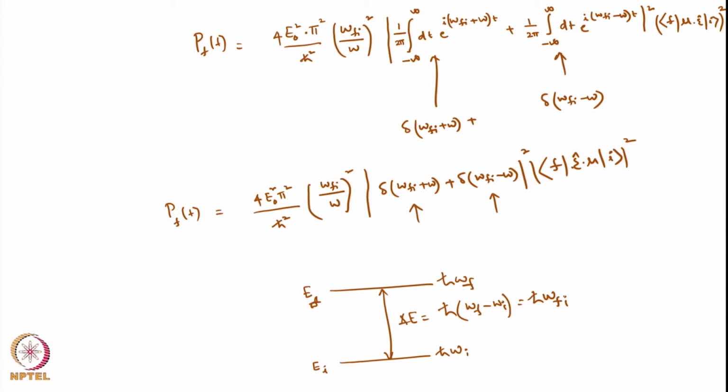Okay. Now, what is this? In this case, if you look at these two conditions, δ(ω_Fi − ω) and δ(ω_Fi + ω). Now, remember we showed when you have δ(x − a): if x is equal to a, then this function will go to 1, and if x is not equal to a, this function will go to 0.